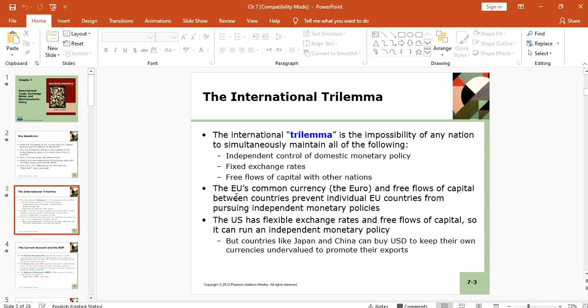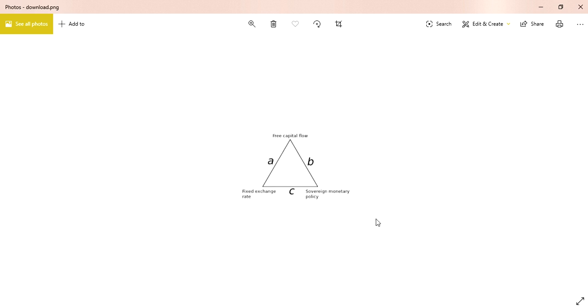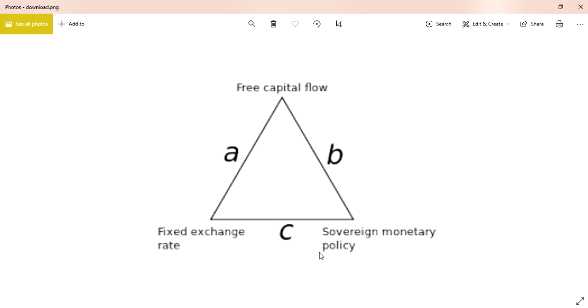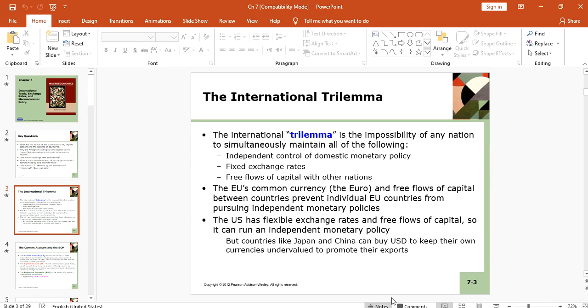So they don't have independent monetary policy, so they don't have this one. They are here. They have no fixed exchange rate, but the exchange rate is the same with the other union countries.